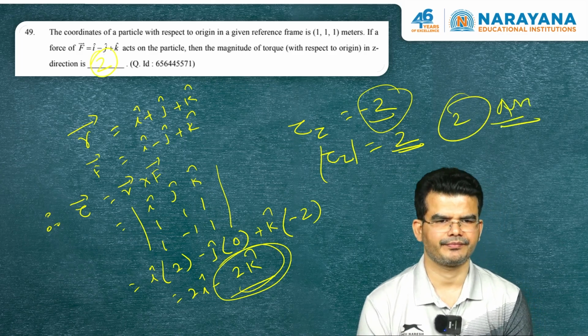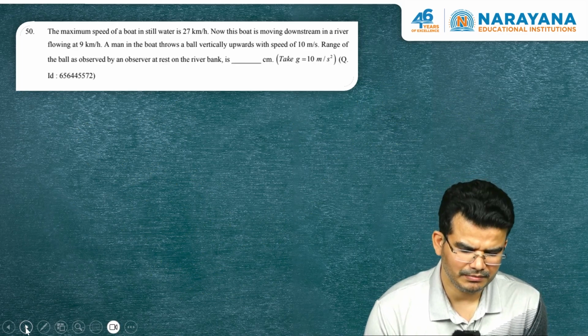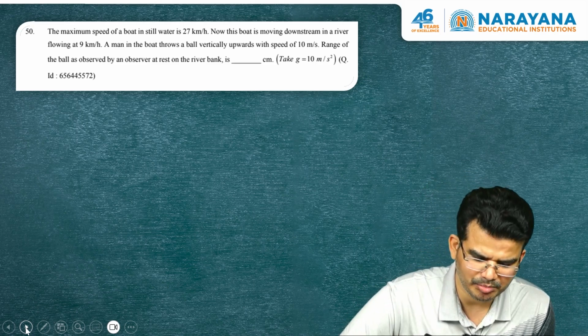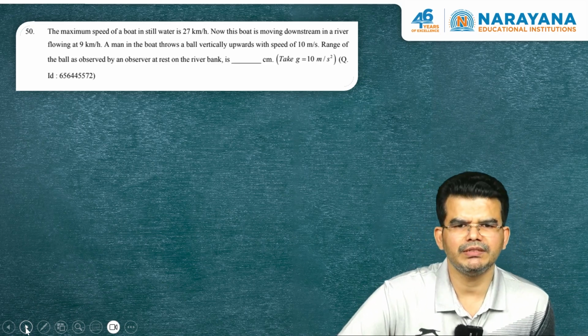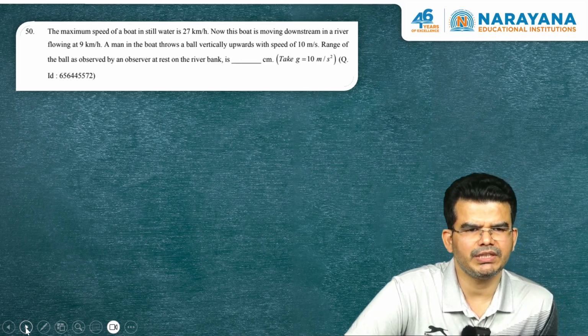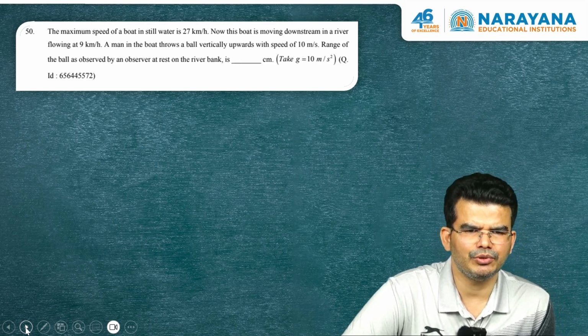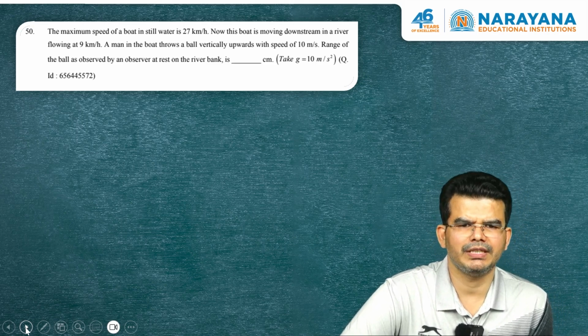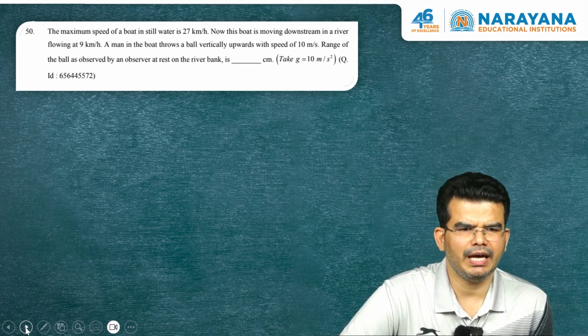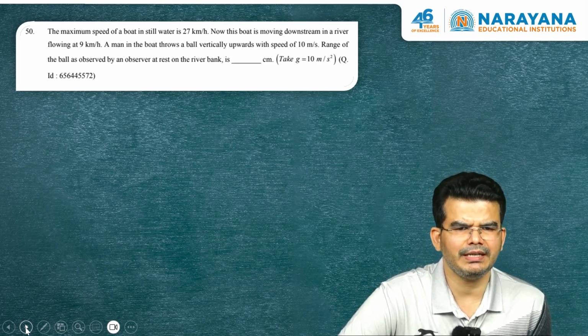Okay. Last question. The maximum speed of a boat in still water is 27 km per hour. Now, the boat is moving downstream in a river flowing at 9 km per hour. A man in the boat throws a ball vertically upwards with a speed of 10 meter per second. The range of the ball as observed by an observer at rest on the river bank.